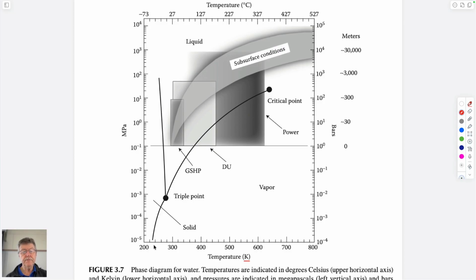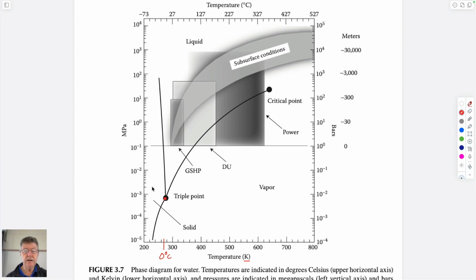So 273, this is roughly 0 degrees centigrade. The freezing point of water, triple point. And so this is the behavior of water superposed on this pressure of water versus the temperature of water. So this is the triple point.